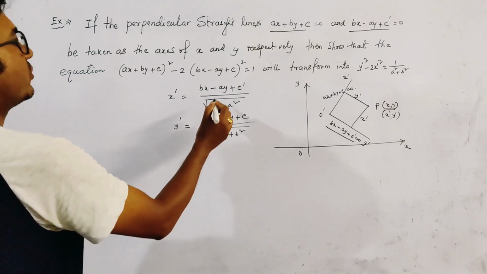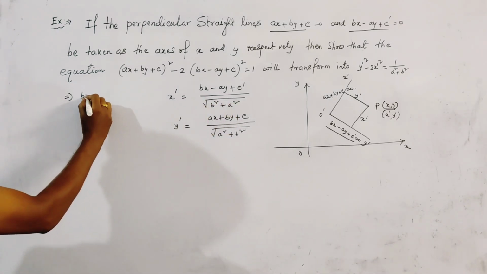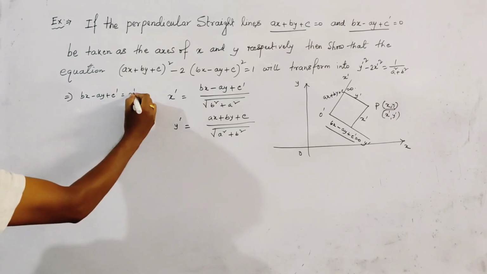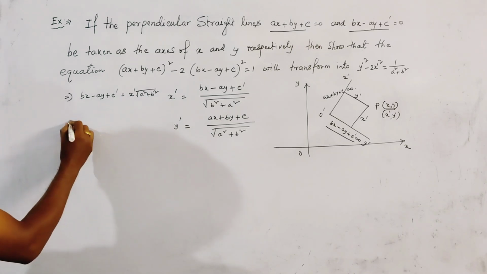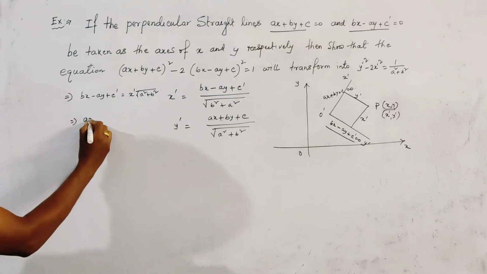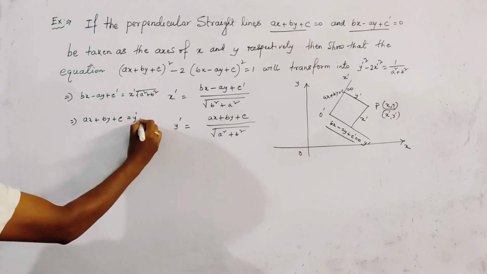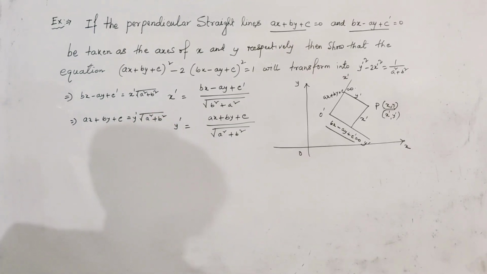Okay, and from here we can write the result as bx minus ay plus c dash equals x dash into root a square plus b square, and similarly from here we get ax plus by plus c equals y dash into root under a square plus b square, right?